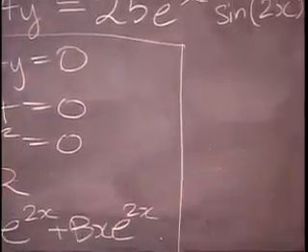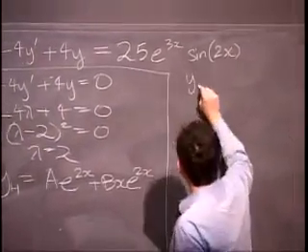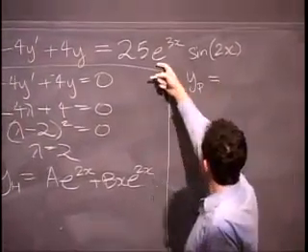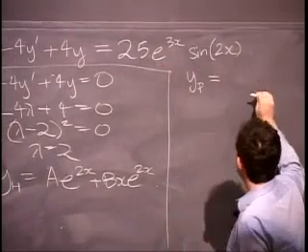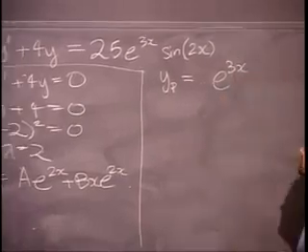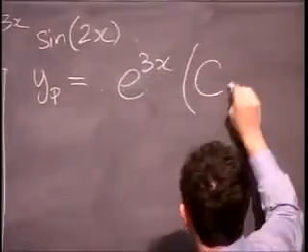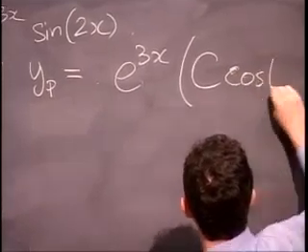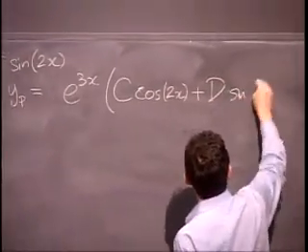Now, let's deal with the particular part. We need to guess a solution. According to this table that I've just written up, we have a product of two things. The e to the 3x bit, I'm going to use e to the 3x. I should have a constant out there, but I don't need it because it's a product. And I'm going to use here capital C cosine 2x plus capital D sine 2x.